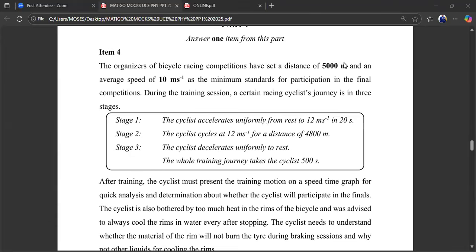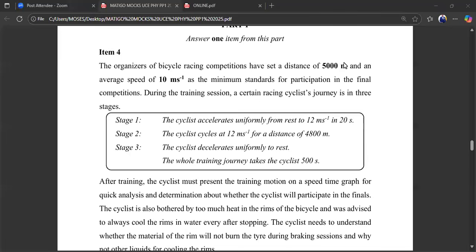So item 4 goes by saying, the organizers of the bicycle racing competitions have set a distance of 5,000 meters and an average speed of 10 meters per second as the minimum standard for participation in the final competitions. During the training session, a certain racing cyclist's journey is in 3 stages.